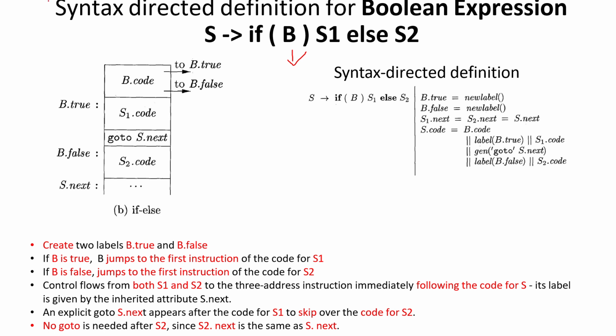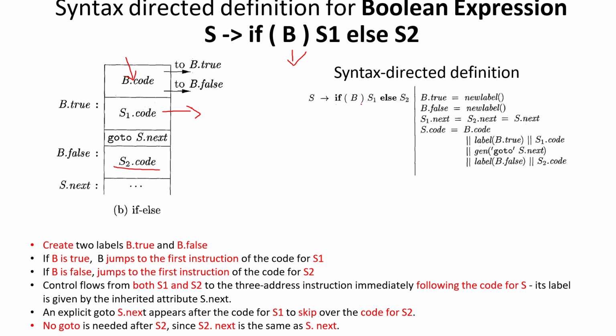We evaluate the B dot code. The condition may be true or false. If it is true, S1 dot code will be executed. If it is false, then S2 dot code will be executed.